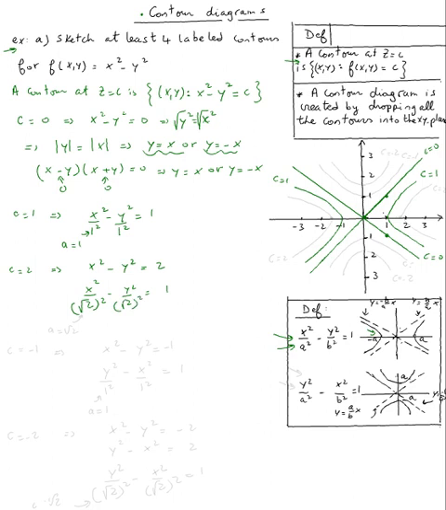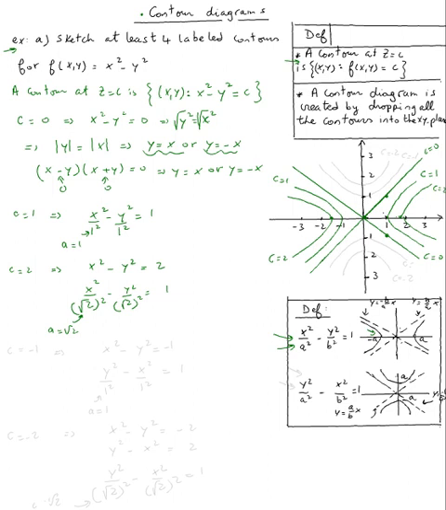Now my a happens to be square root of 2. So I need minus square root of 2, which is minus 1.4 right here, and then I need square root of 2, which is 1.4. So we have another hyperbola right there. This will be c equal 2.